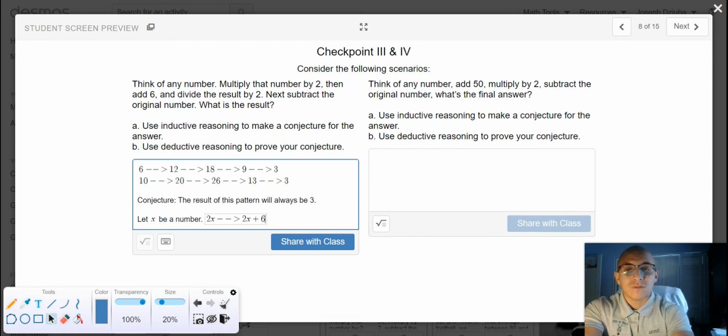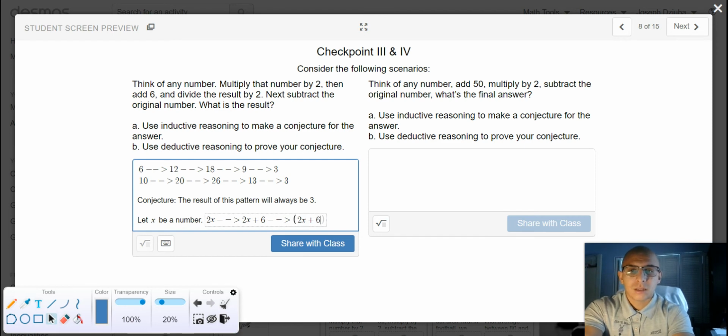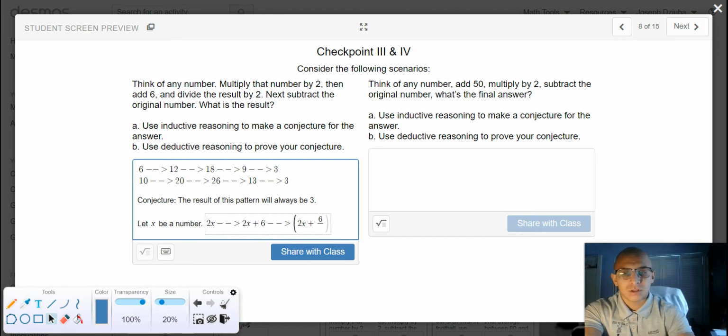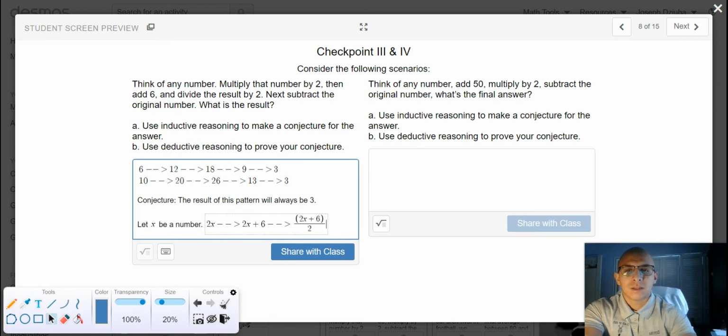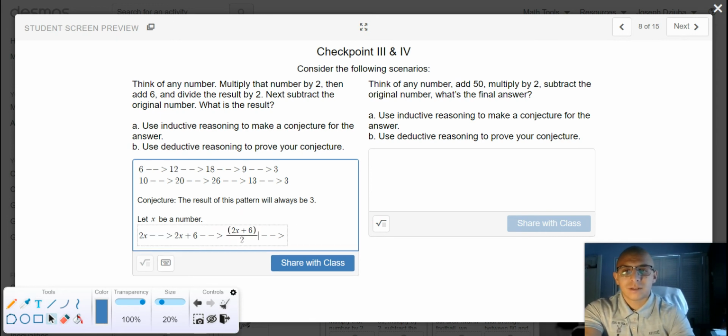We will now want to divide that same result by 2. Oops, sorry. And then subtract from this expression, our little keyboard shortcuts. You'll start to learn them over time. The original number.